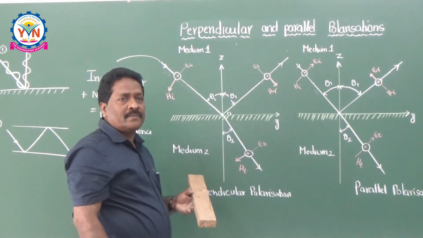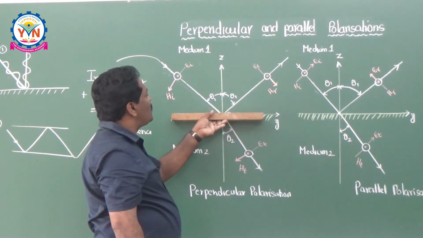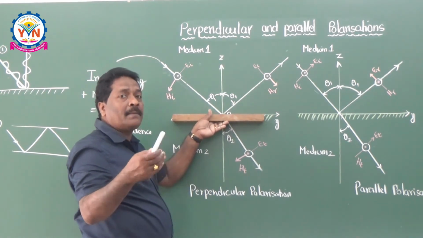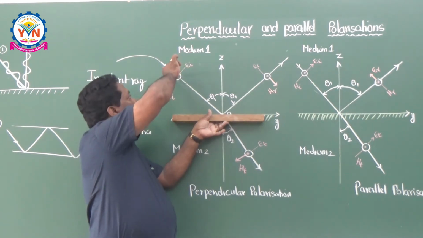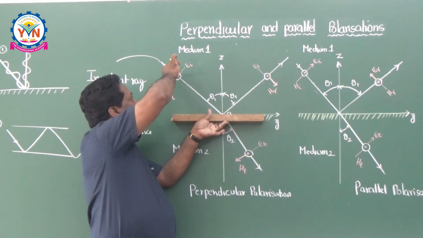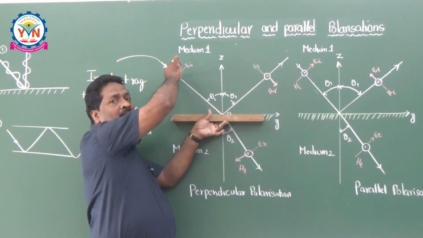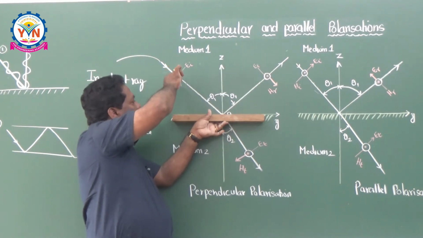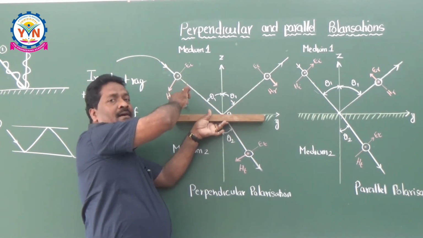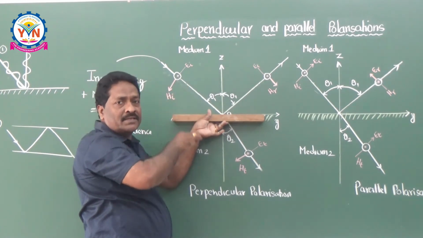So once again I repeat, if the electric field intensity is perpendicular to the plane of incidence, it is called perpendicular polarization. Or if this electric field is parallel to the boundary surface, it is called horizontal polarization.